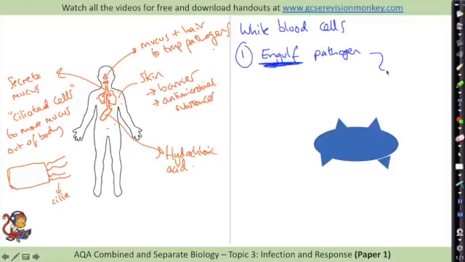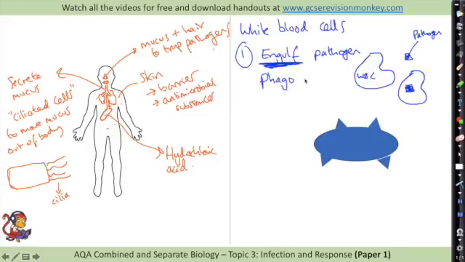So here we have the white blood cell, for example, moving towards our pathogen, and that will simply come and engulf it and then break it down inside it. And this process of engulfing the pathogen and breaking it down is called phagocytosis.